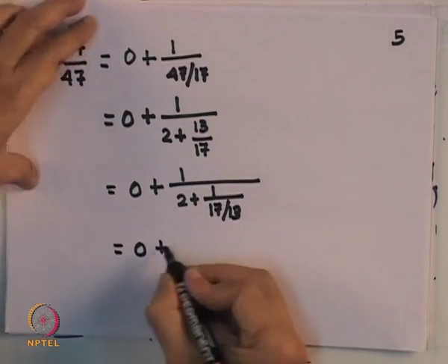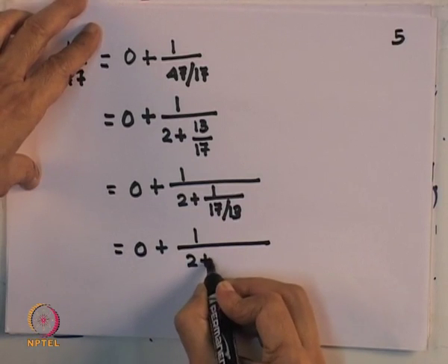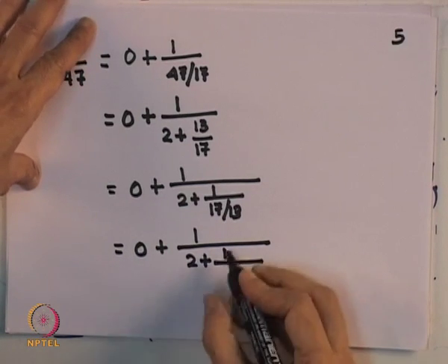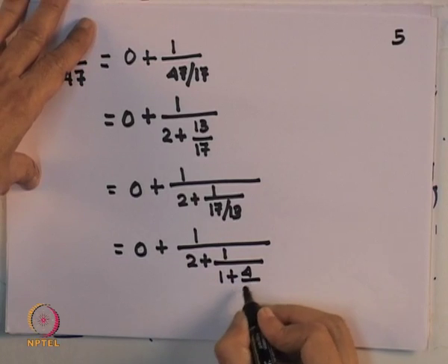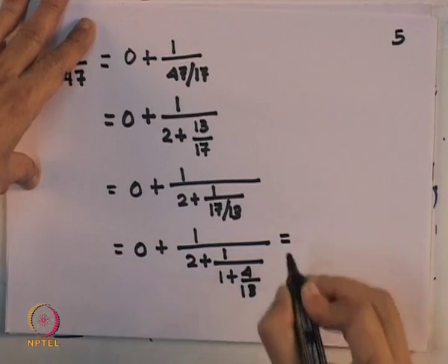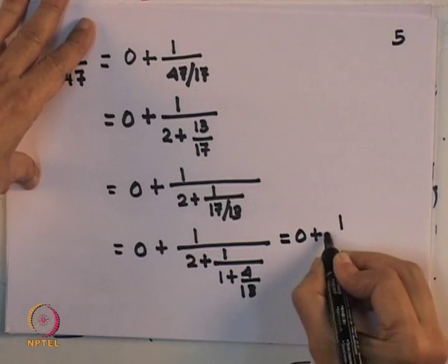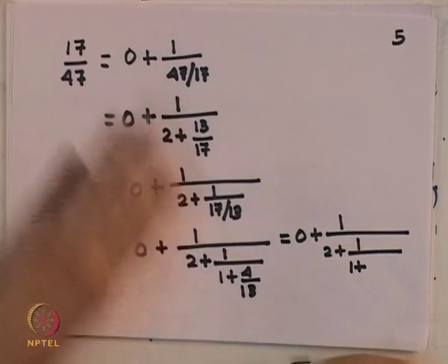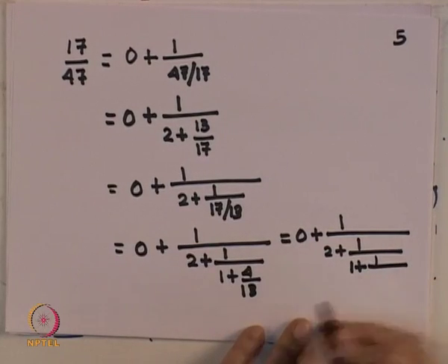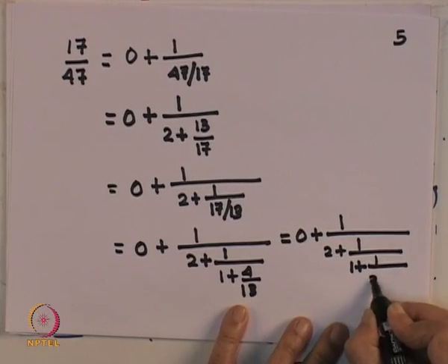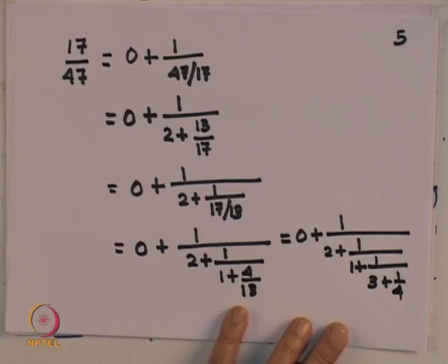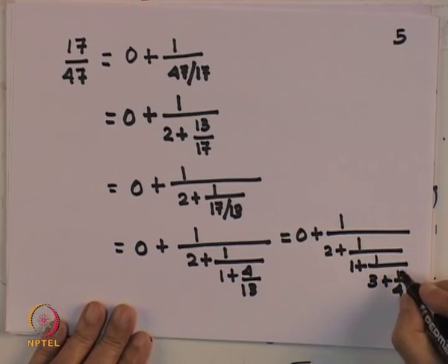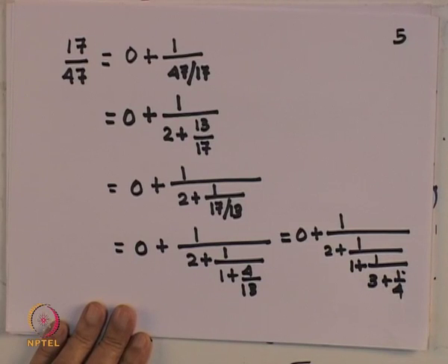So it is 0 plus 1 by 2 plus 1 by 1 plus 4 by 13, and that finally gives me 0 plus 1 by 2 plus 1 by 1 plus 1 by 3 plus 1 by 4, since 13 by 4 is 3 plus 1 by 4. Now when I reach 1 by 4 here, my expansion in the form of continued fraction stops.